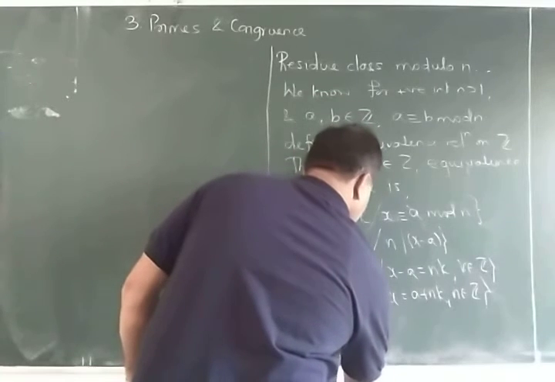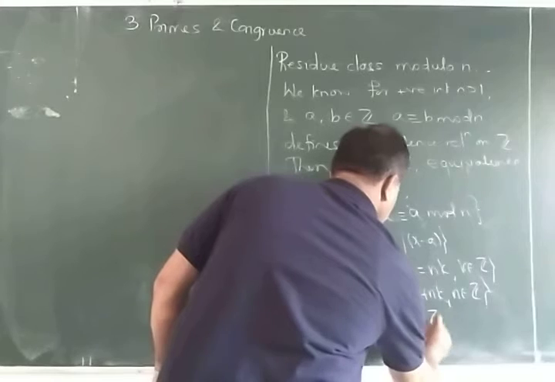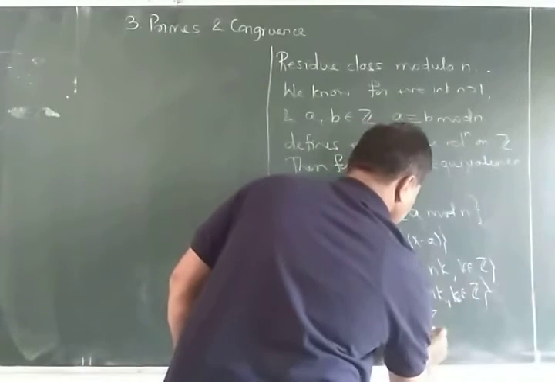So, it is precisely a plus n k, where k takes values in Z.